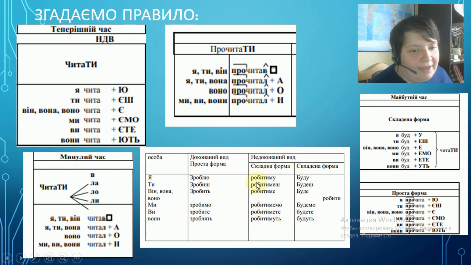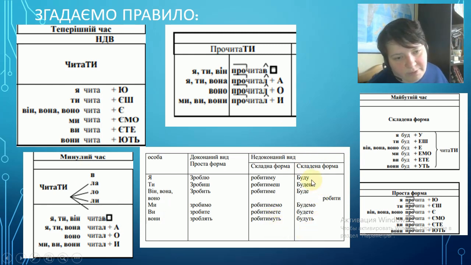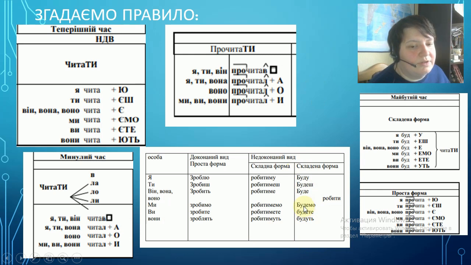We take the infinitive of the imperfective aspect, робити, and just add the endings му, меш, ме, мемо, мете, муть. Робитиму, робитимеш, робитиме, робитимемо, робитимете, робитимуть. And the compound form is the same with the word to be.